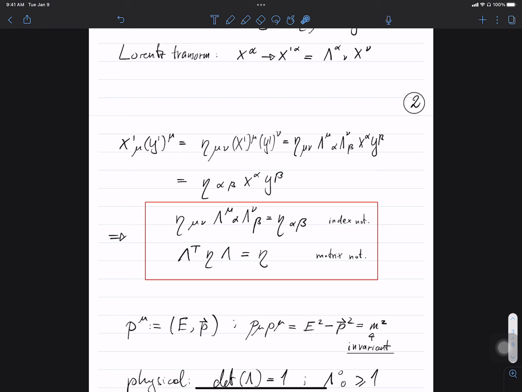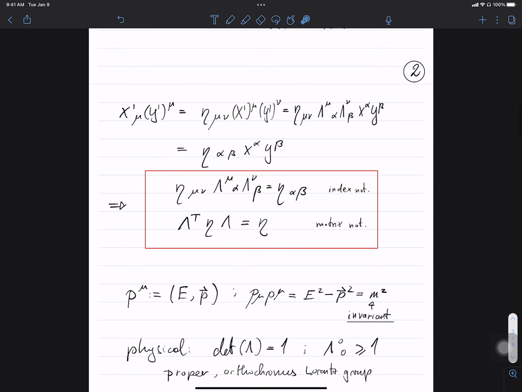Now we know that this has to be equal to x, y without the primes contracted with the metric tensor, because this is the scalar product on the Minkowski space in the other frame. Yeah? And those have to be equal.